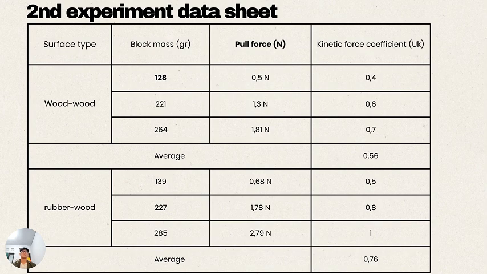The kinetic force coefficients are 0.4, 0.6, and 0.7, with an average of 0.56. Rubber with wood: block masses are 139 grams, 227 grams, 285 grams, with average pull forces of 0.68 newtons, 1.78 newtons, and 2.79 newtons. The kinetic force coefficients are 0.5, 0.8, and 1, with an average of 0.76.